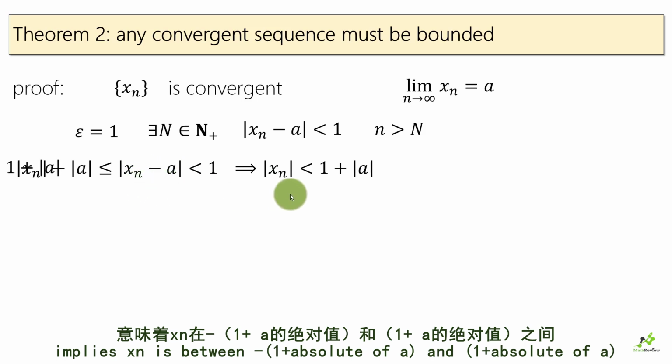This implies xn is between minus 1 plus absolute of a and 1 plus absolute of a.